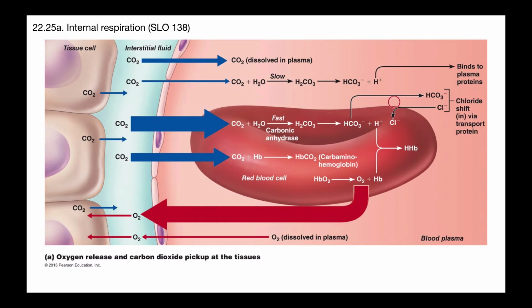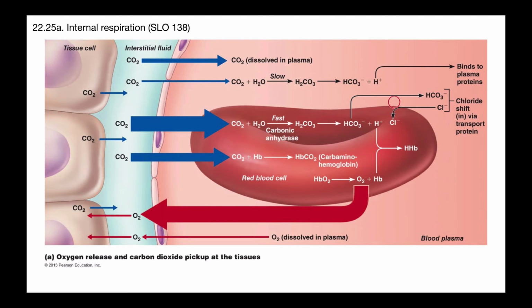On the other hand, within the red cells, there's an enzyme called carbonic anhydrase. So in this case, carbon dioxide goes into the red cell, and then it's combined with water with carbonic anhydrase, again to make carbonic acid.